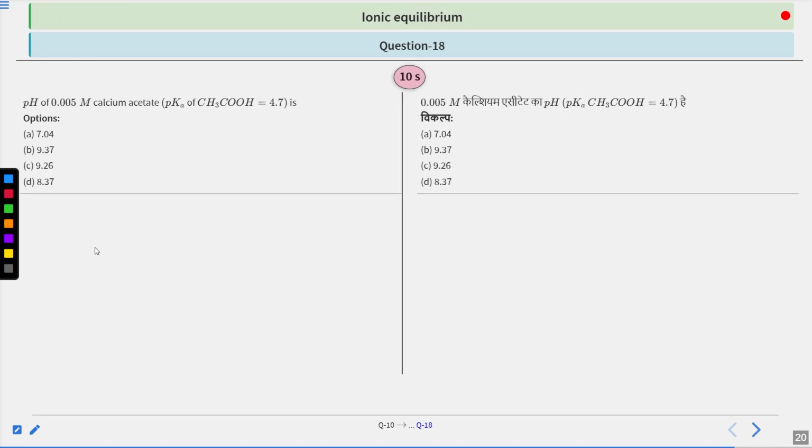Next question, pH of 0.005 molar calcium acetate, having a pKa of acetic acid as 4.7, is. Your options are A 7.04, B 9.37, C 9.26 and D 8.37. Your time to solve this question starts now.